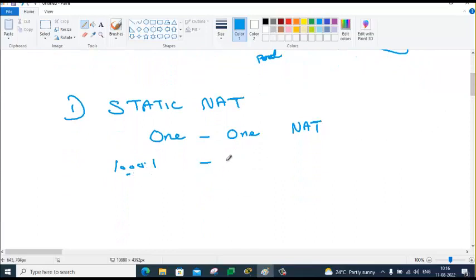For 10.0.0.1, let's say we give 20.0.0.1. For 10.0.0.2, we give a dedicated 20.0.0.2. So if you're giving one dedicated public address to each private address, we call it one-to-one NAT or static NAT.